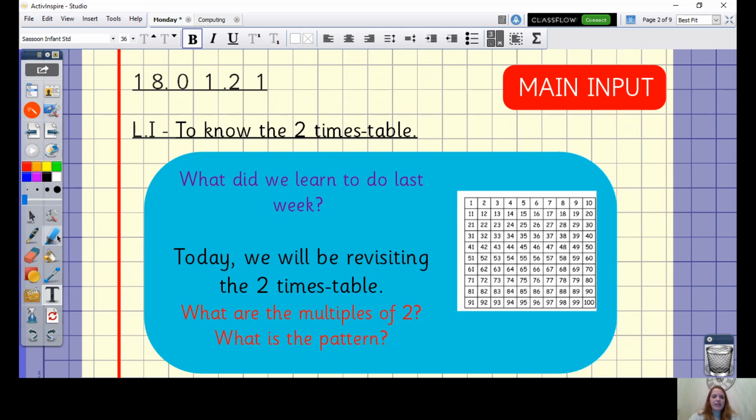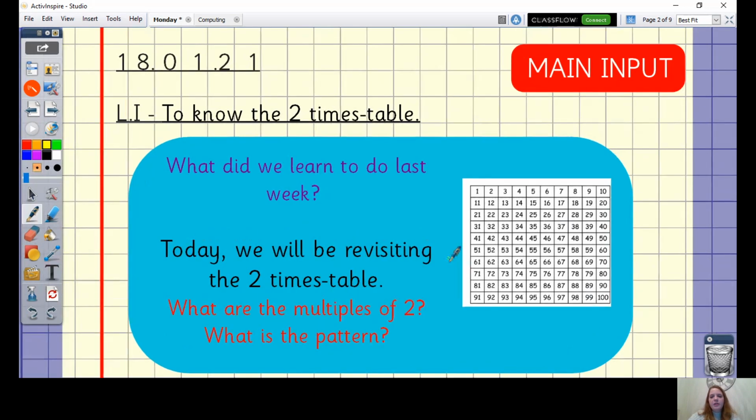I'm just going to get my pen and circle some of those multiples of 2. So if we look on our 100 square here, 2 is our first multiple of 2, and then we jump 2 more spaces to 4, and we jump 2 more to 6, 8, and 10. Those are our multiples of 2 in that first row there.